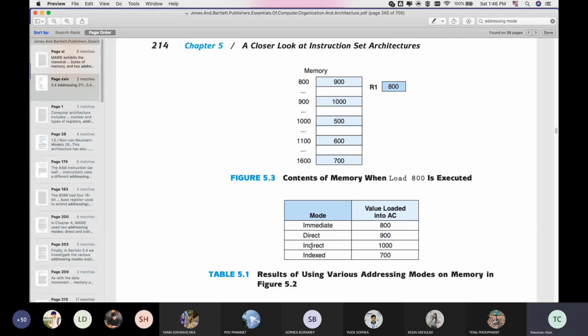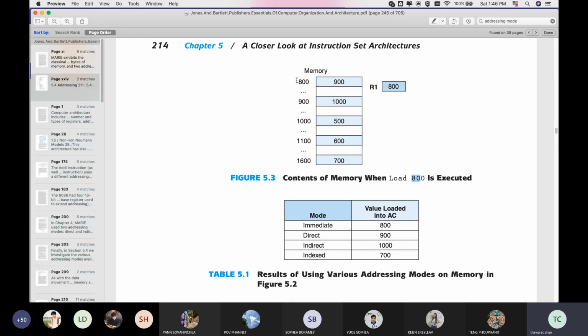If it is the indirect addressing mode, it means that the 800 here is the address of the effective address. To get the real data into the accumulator, what you need to do first is find the effective address. So 800 is the address of the effective address.